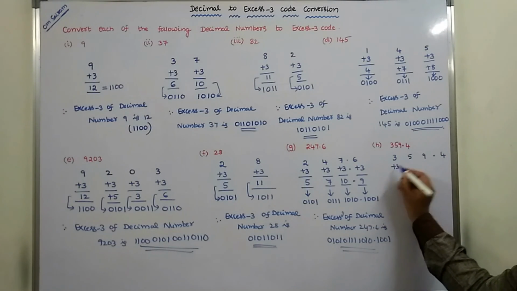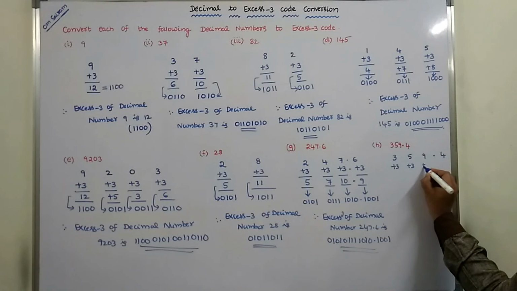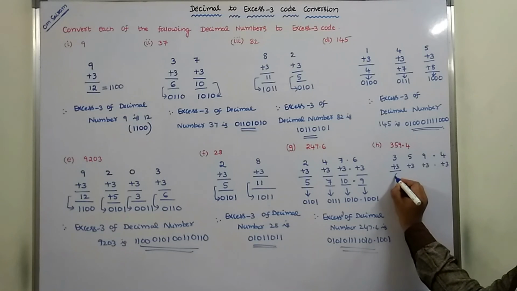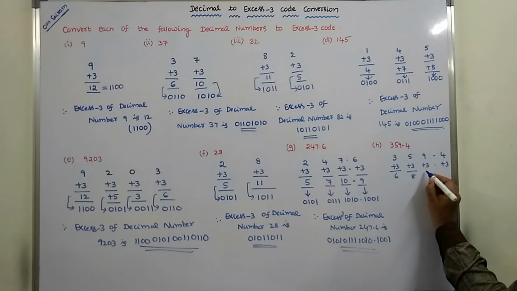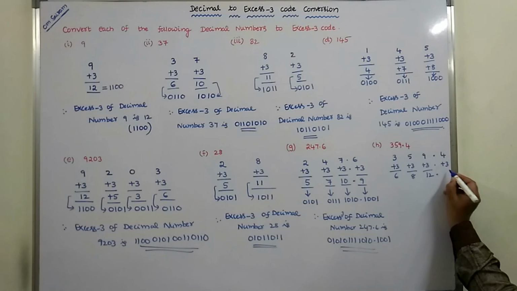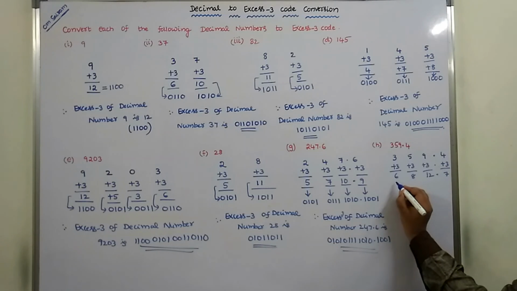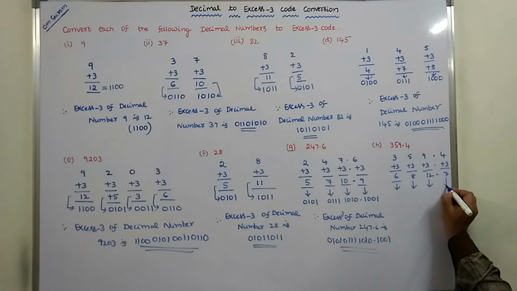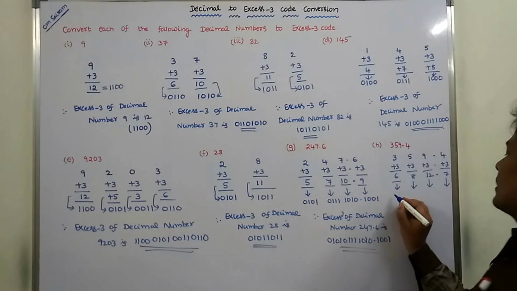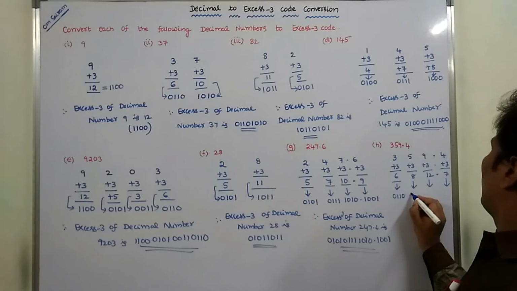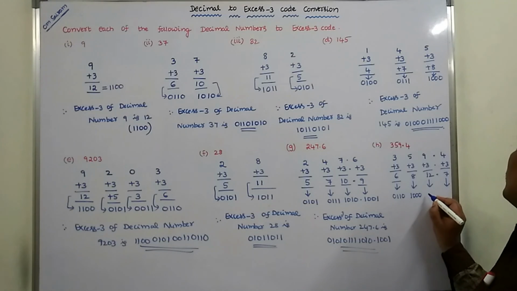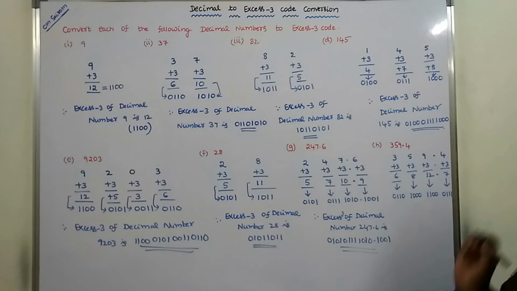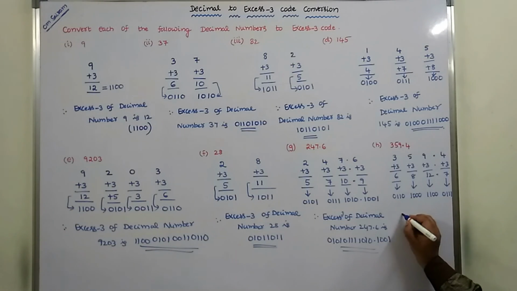We have to add +3, +3, +3, point, +3. So that is 6, 8, 12, point, that is 7. The corresponding binary code is 0110, 1000, 1100, 0111.